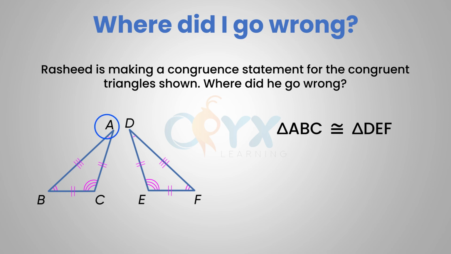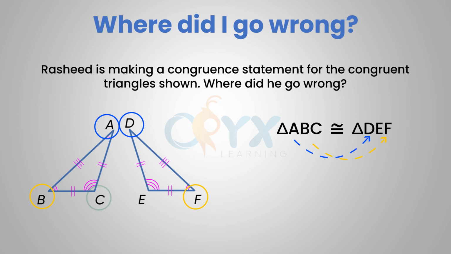Angle A corresponds to angle D. So angle A and angle D should be listed first, which they are. Angle B is listed second, and it corresponds to angle F. So angle B and angle F should be listed second, and as you can see, they are not. Angle B is listed second in the first triangle, but angle F is listed last in the second triangle.